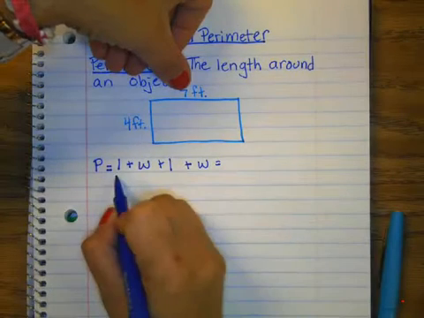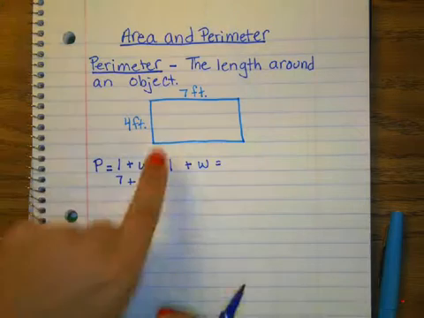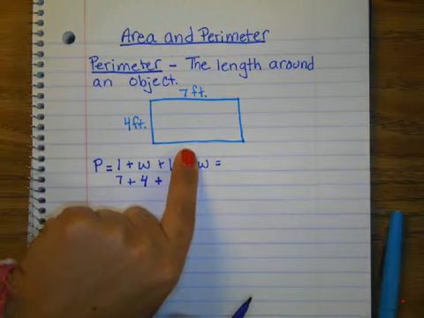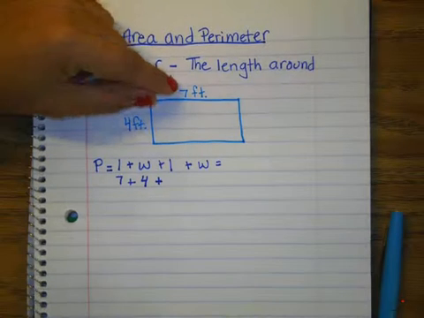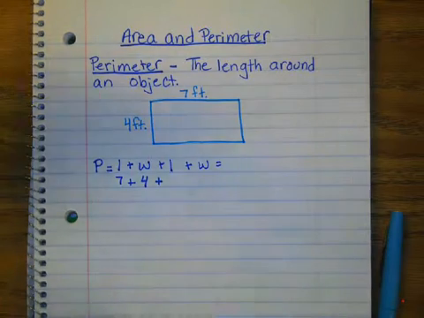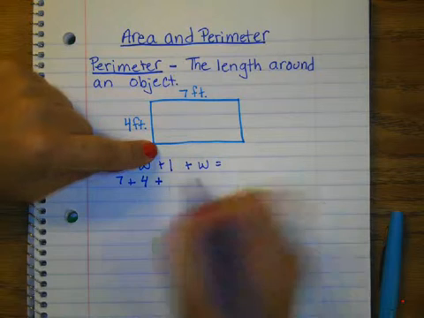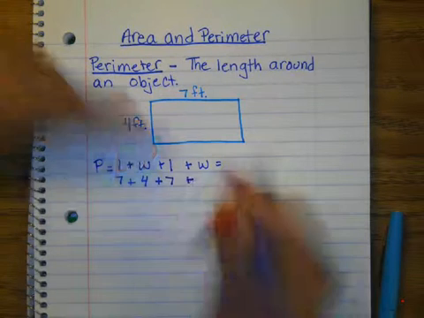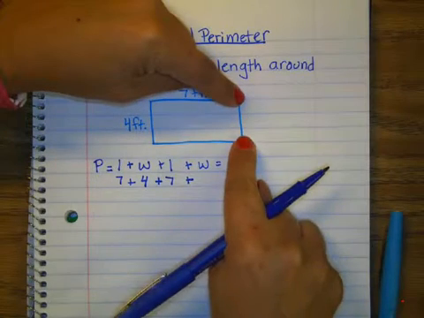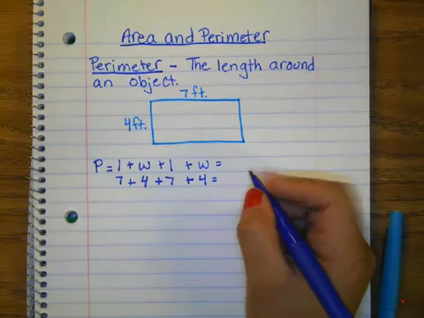We don't have a measurement. Emery? 7 feet. Right. If we know our characteristics, remember our learning target, isn't this side the same as this side? Plus 7 plus, well, if this side is 4 feet, everybody, what is this side? 4 feet. Okay. So if we add those up, what does it equal? Emily? 22. So then we would know 22 feet of fencing.